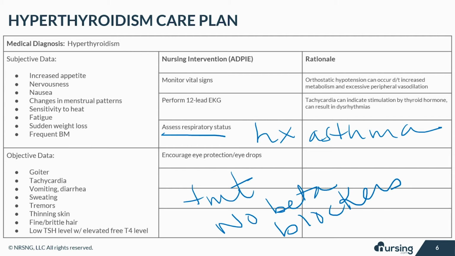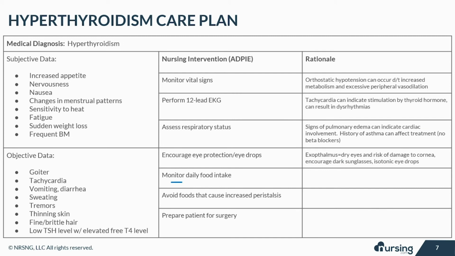Also, the exophthalmos, or those protruding eyes, this is a hallmark sign of hyperthyroidism and often results in dry eyes and the risk of damage to the corneas. So encourage dark sunglasses and isotonic eye drops for lubrication. Monitor daily food intake and daily weights in your patient.